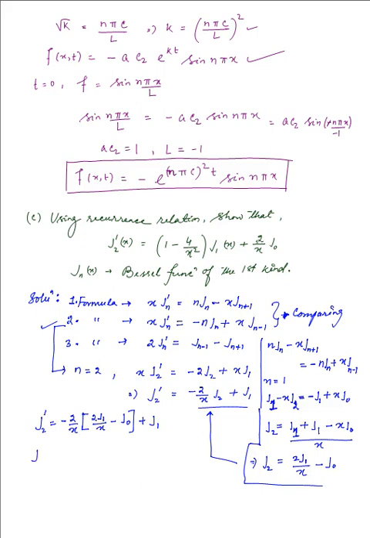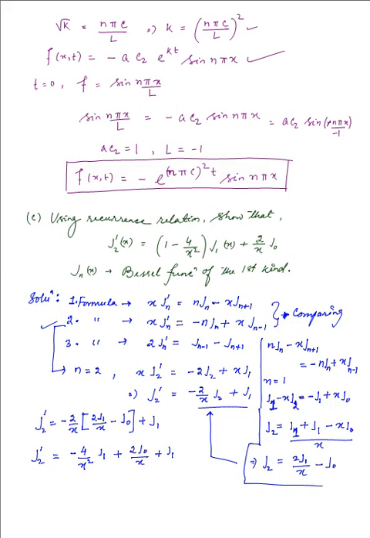So we have j2 primed equal to minus 4 over x squared, and j1 remains as such, and this one over here becomes plus 2j0 over x, and lastly we have j1 over here.